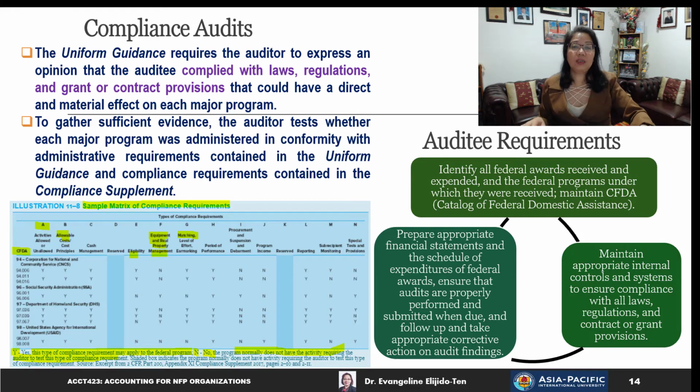Also, the auditees prepare the financial statements and the schedules of expenditures of federal awards. They need to ensure that audits are properly performed and submitted when due, and they'll need to do follow-up and take appropriate corrective action on audit findings. On top of that, they also need to maintain appropriate internal controls and systems to ensure compliance with all laws, regulations, and contract or grant provisions.